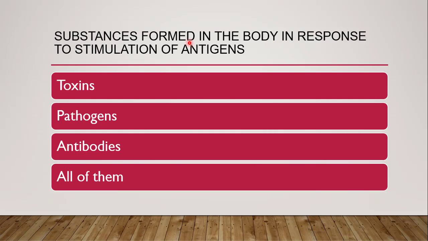Next question is, substances formed in the body in response to stimulation of antigens are, whether they are toxins, pathogens, antibodies or all of them. The correct answer is antibodies. Antibodies are formed in the body in response to the antigen stimulation.